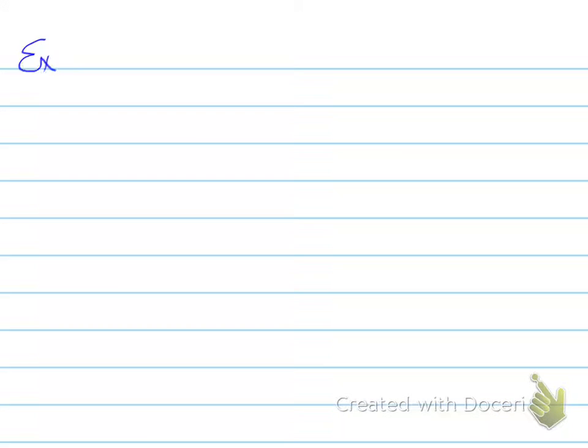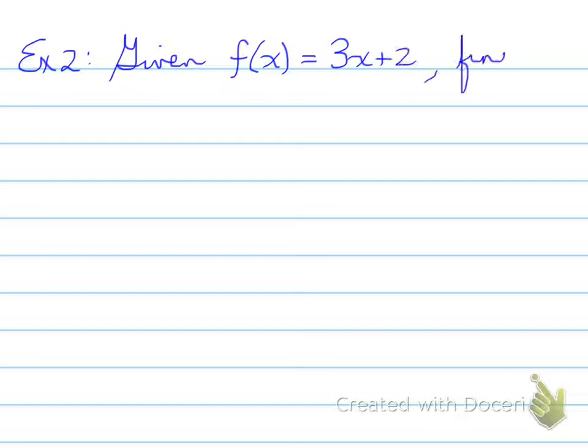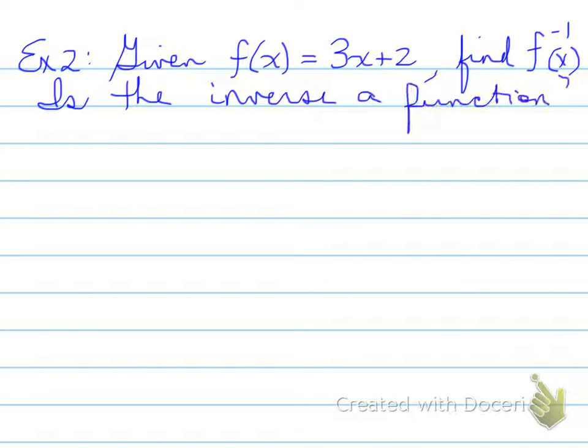Moving forwards. Example number 2 says, given f(x) equals 3x plus 2, find f inverse of x. Is the inverse a function? Well, we need to know what the equation looks like for the inverse. So let's do that. When you do an inverse equation, what you have to do is switch the x and the y.